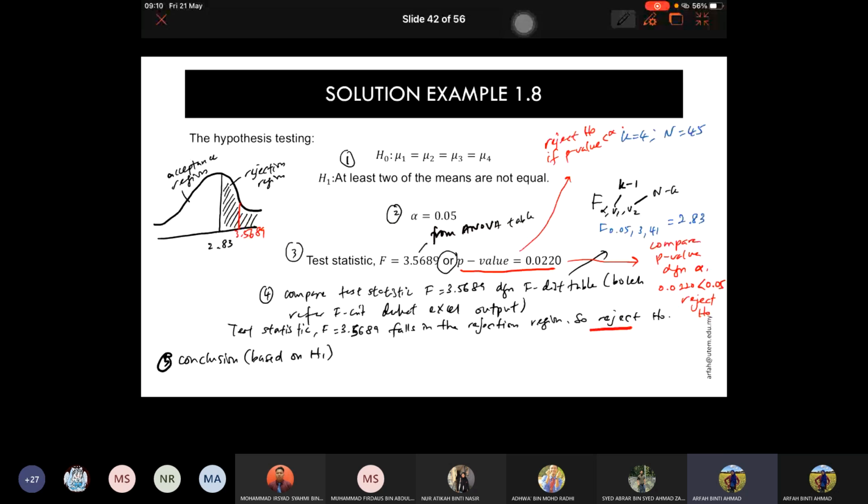So daripada sini conclusion that can be made is, the average serum alkaline phosphate, there exists at least 2.